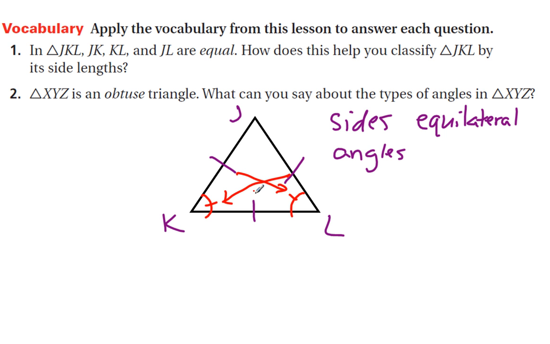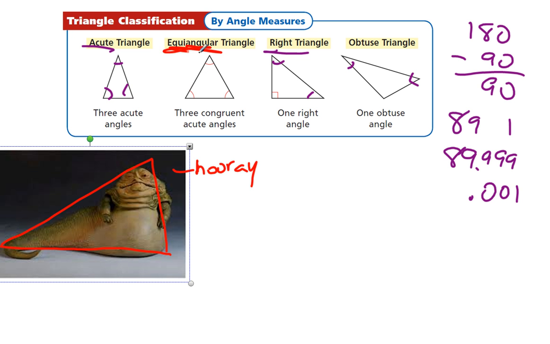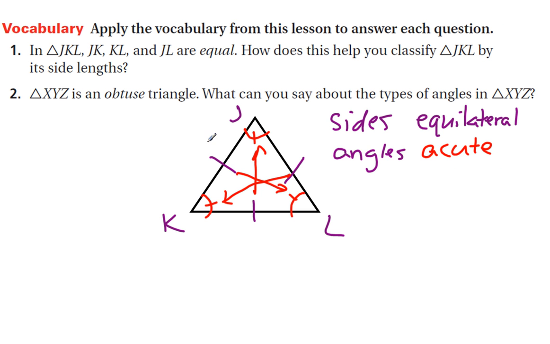So in this case, since all 3 sides are the same, that means that all 3 angles are the same. So we can say this is acute. So we can put this together and we can say this is an equilateral acute triangle. You can even say it's equiangular. You can call it that if you want to. I'm going to call it acute. Equiangular. Okay.